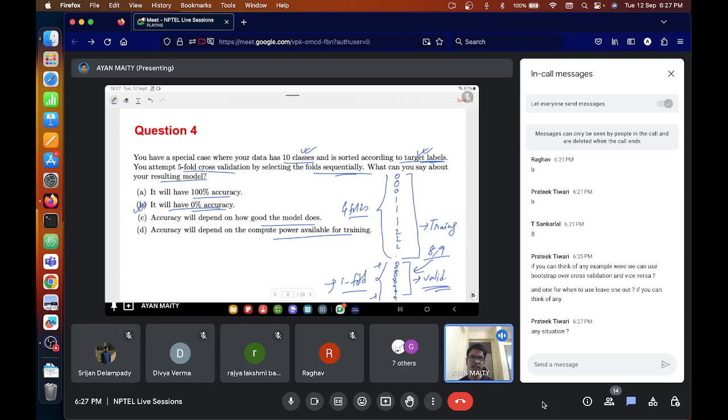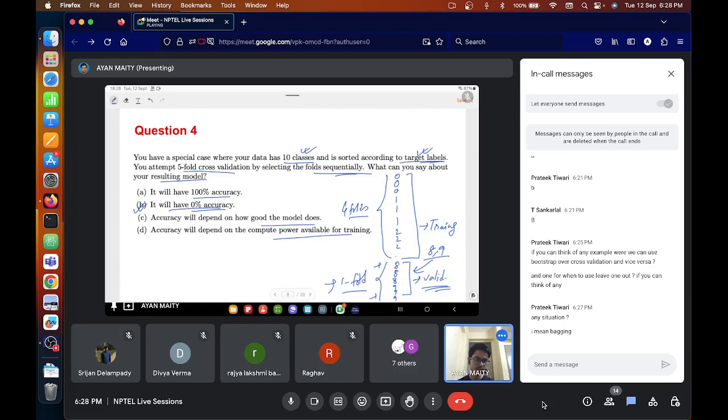Cross validation is a method for evaluating your classifier, and bootstrap is an ensemble method where you combine many classifiers to produce the final output. Bagging and bootstrap are the same, and cross validation is a completely different thing.